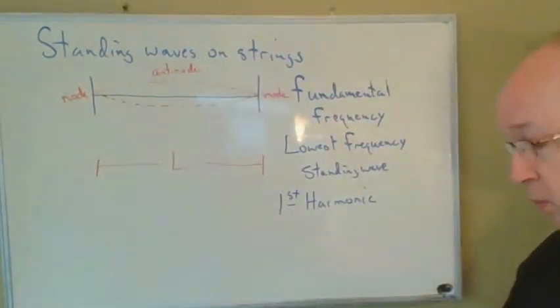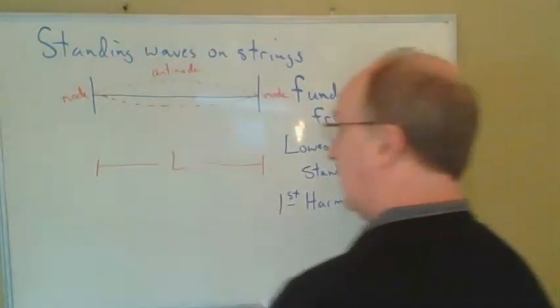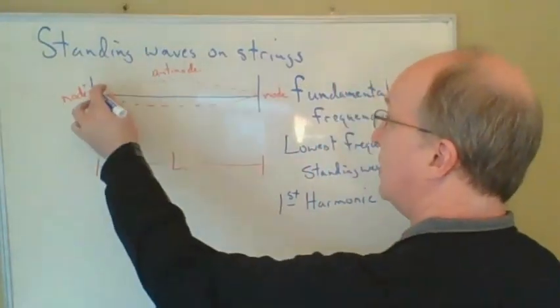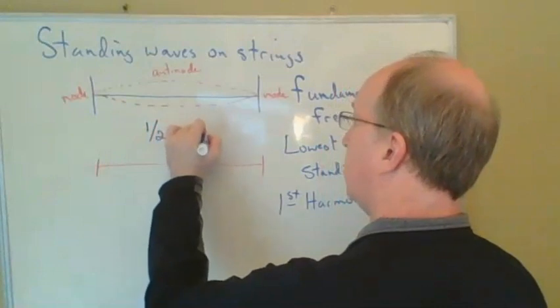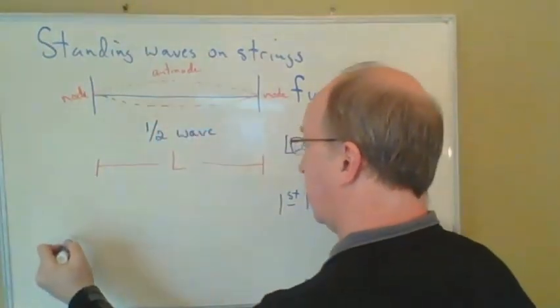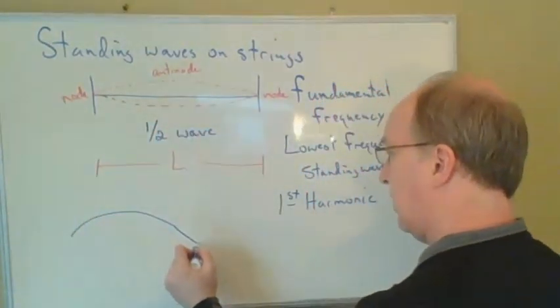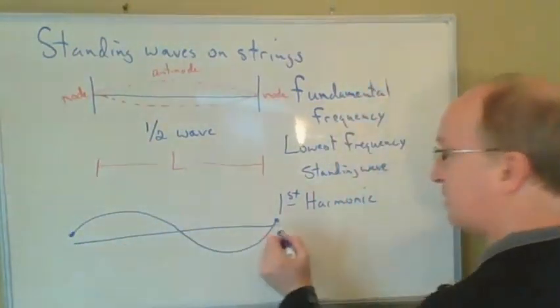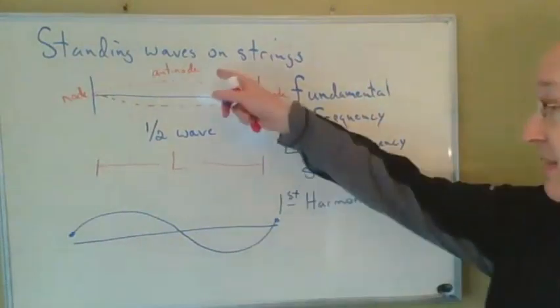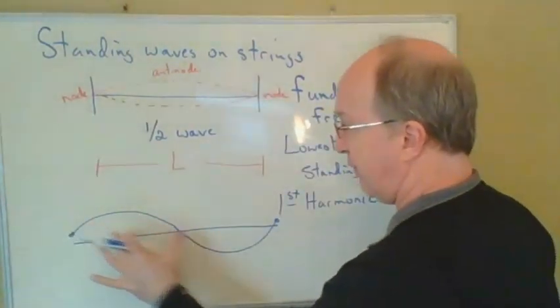So the question is, what's the wavelength? Well, as they showed in the Khan Academy video, this represents 1/2 of a wave, because a full wave goes up and then down and back to where it started. That's a full wave. This is half.